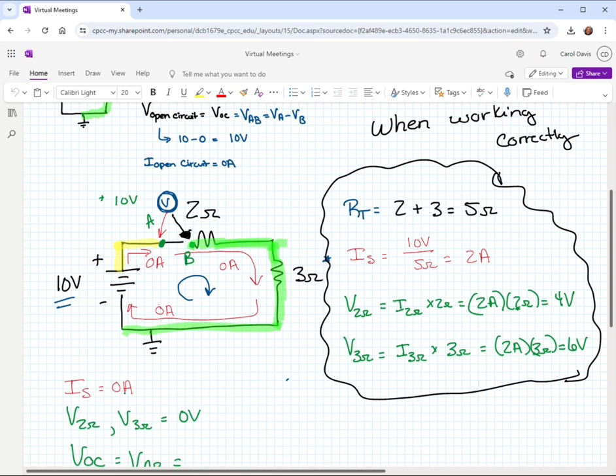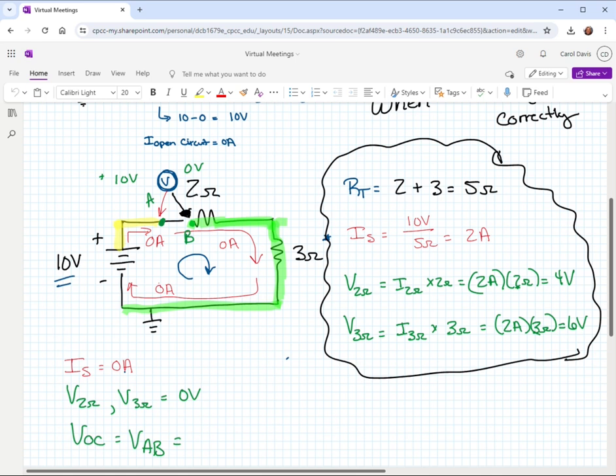So V on this side is connected to ground, or 0 volts. When we look at our V AB, we have 10 volts at A minus 0 volts at B, or 10 volts. So our open circuit voltage would be 10 volts. We'd have 0 volts across each resistor, and of course we do have a voltage source, so we would have the 10 volts that you see across the open portion of our circuit.